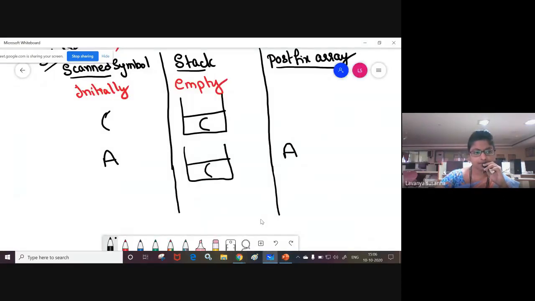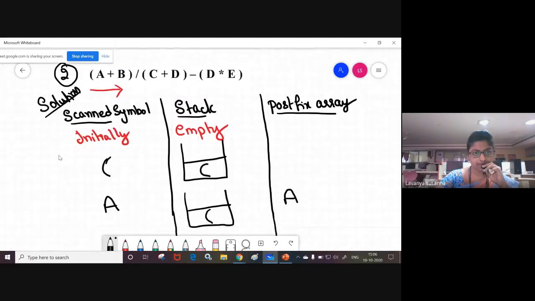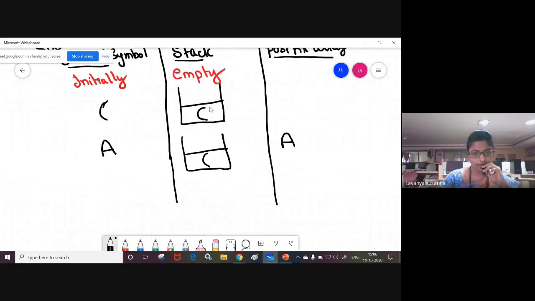Okay, see here. Next, what is the next symbol? Plus. The next symbol is plus. It is an operator, right? When you get an operator, what do you need to do?